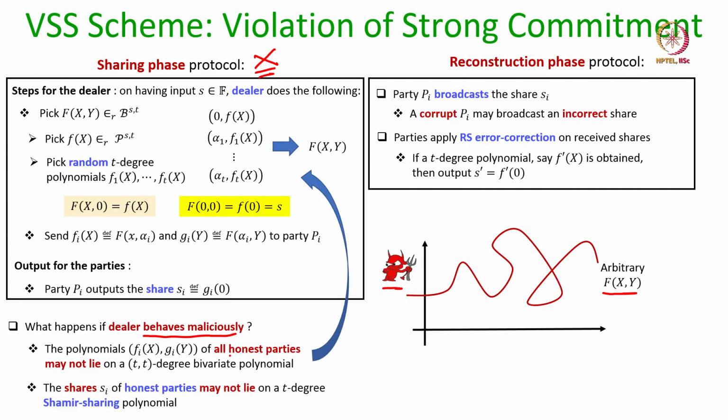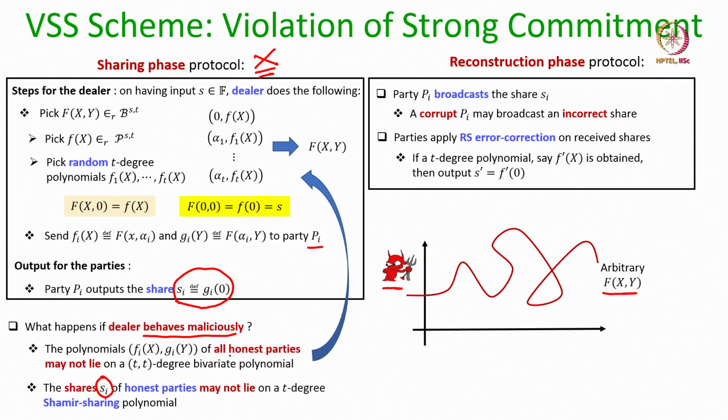and distribute junk row and column polynomials to every honest party, in which case the share Si which every honest party Pi outputs in the protocol may not lie on a t degree Shamir sharing polynomial. Namely, the honest party Pi will think, okay, I got my polynomial, I will just output the constant term of that polynomial.